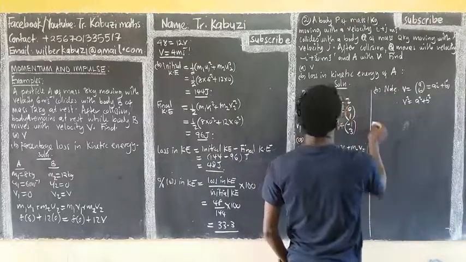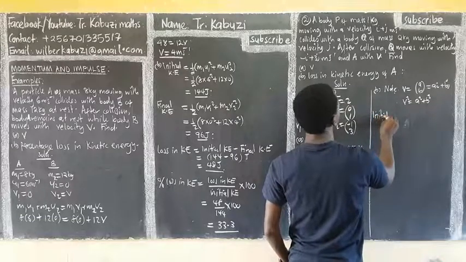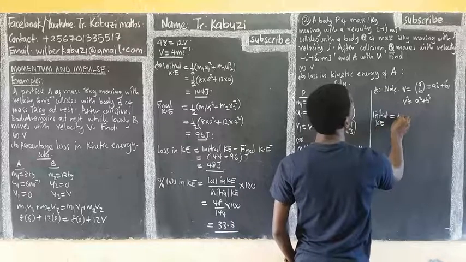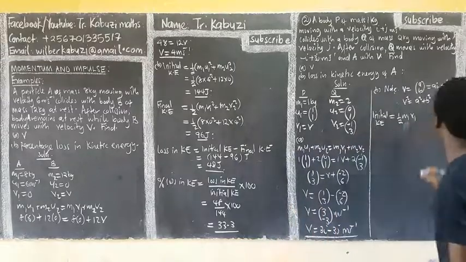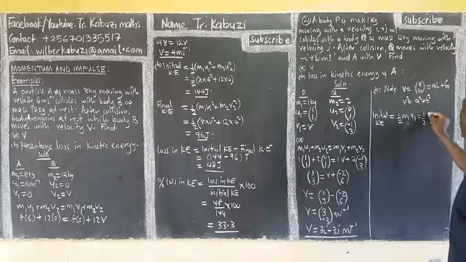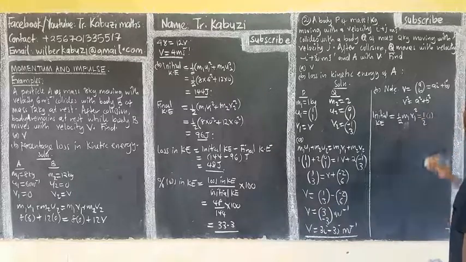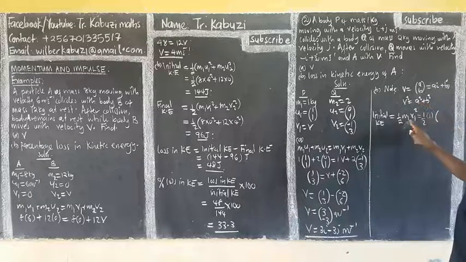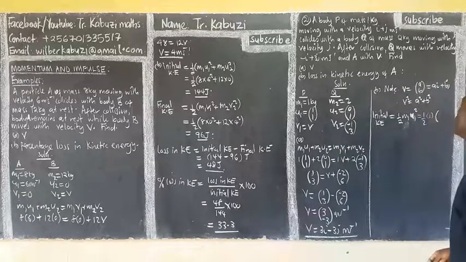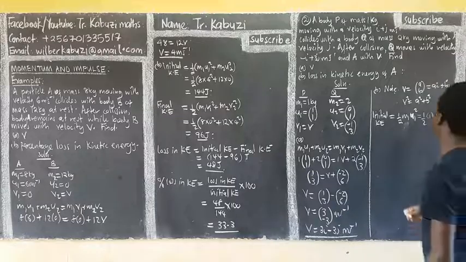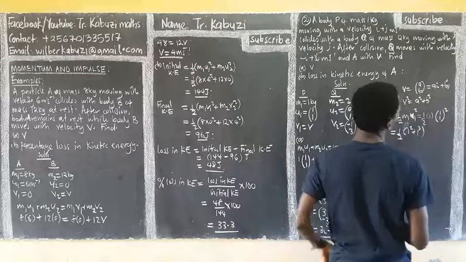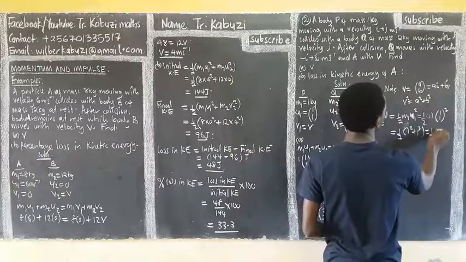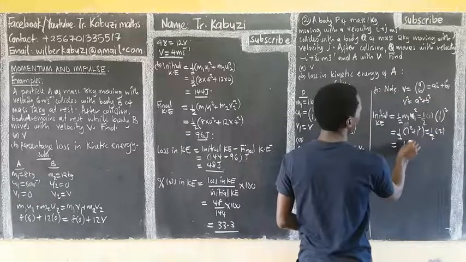So, for A, our initial KE is a half m1 u1 squared. Our mass is 1, and don't forget to square u1, the initial velocity, which is (1, 1). So this will be a half into 1 squared plus 1 squared, which is a half into 2, so this will be 1 joule.